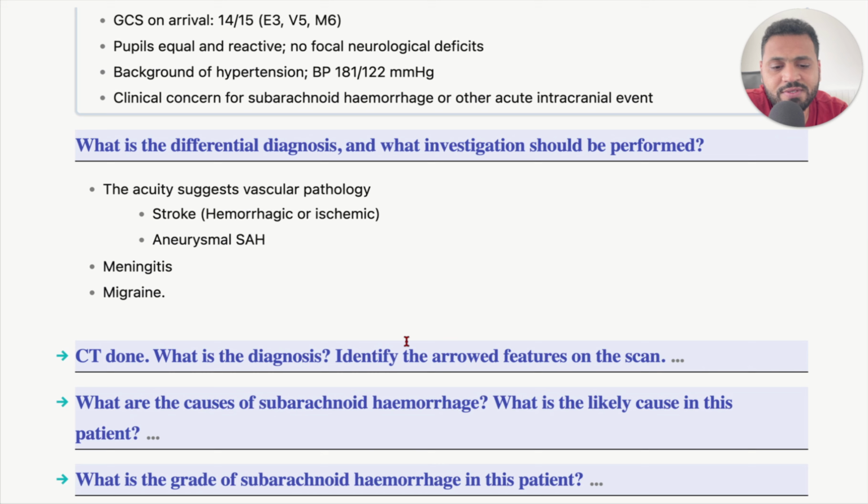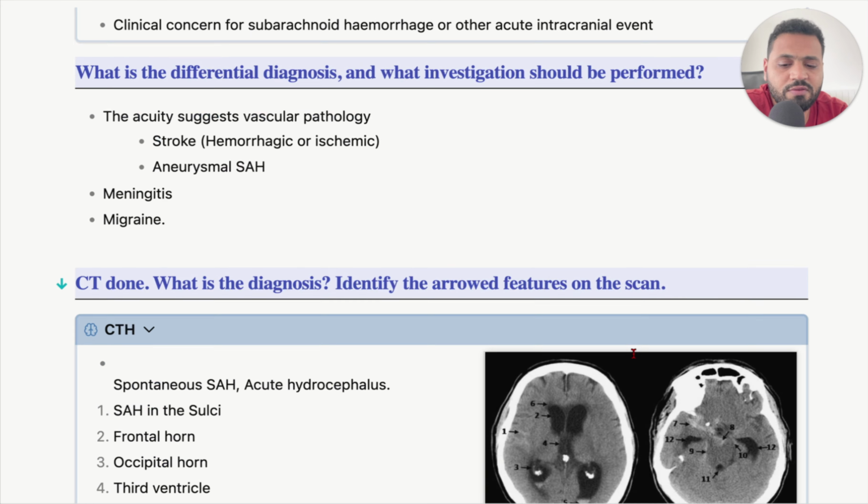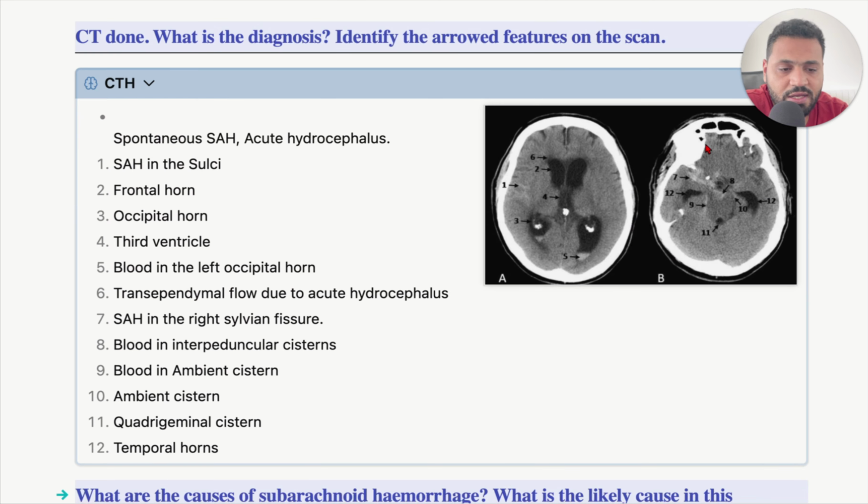What's the diagnosis? As you can see in the CT scan, also identify the labeled structures. There are two different sections of an axial cut of a CT scan. The most obvious diagnosis that you can see is subarachnoid hemorrhage, as you can see here on this side, and also early acute hydrocephalus.